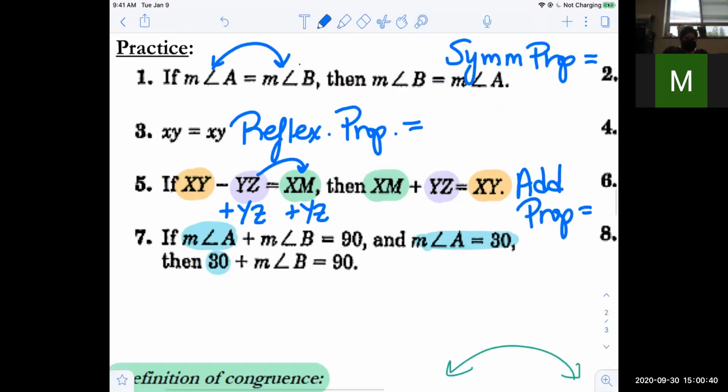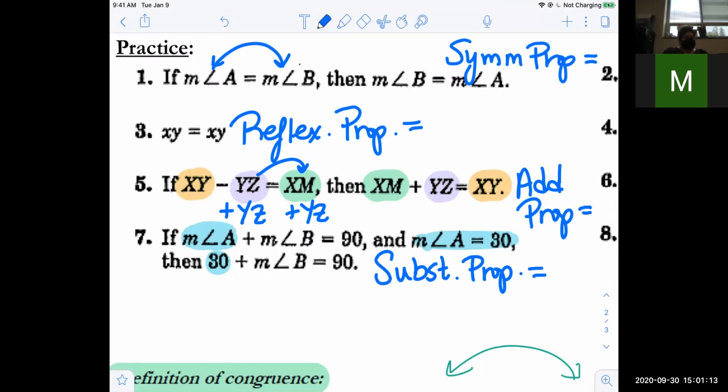Is that also transitive or no? Jake, is that one transitive also? Number 7? Yes, that's what I wrote down. Do you think it's substitution or no? Okay, tell me how it's transitive.